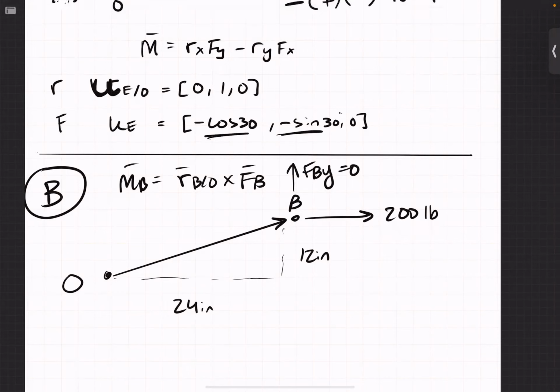What we care about is the moment arm that is perpendicular to the 200, which in this case is 12 inches. If we were to turn this right angle into a circle, we would find that it's clockwise and therefore negative.